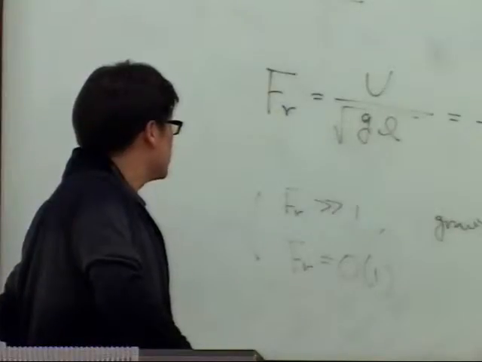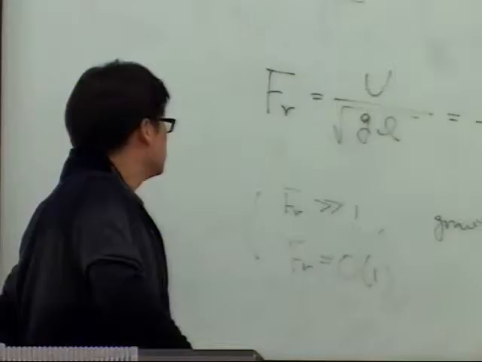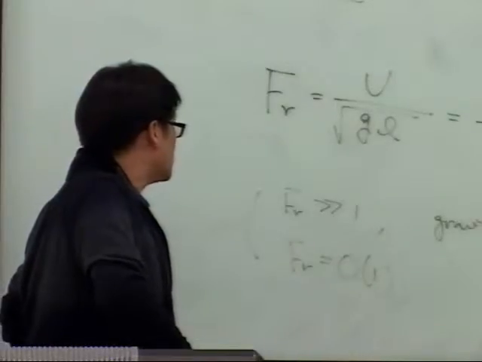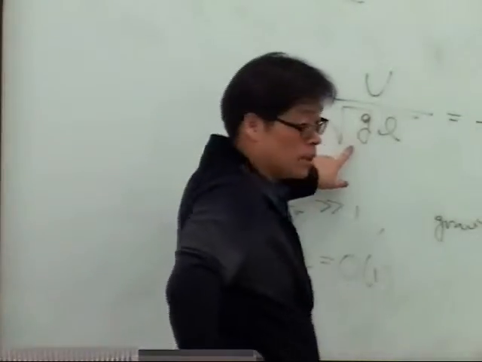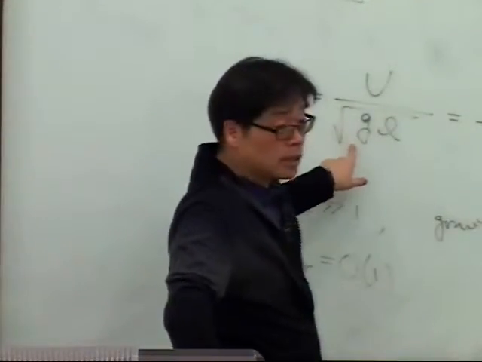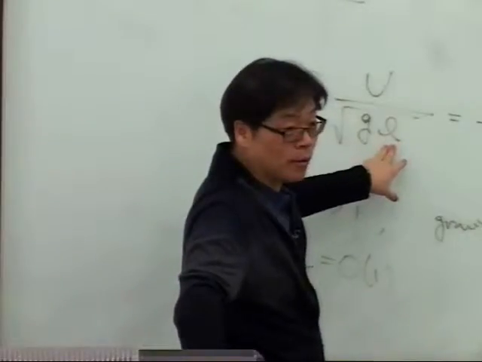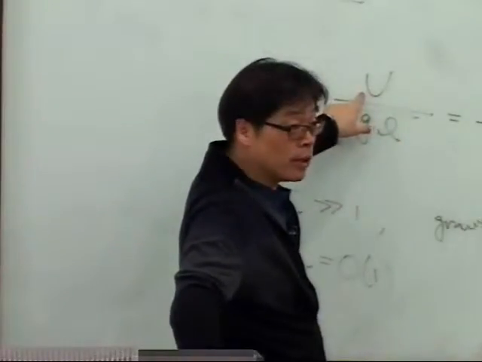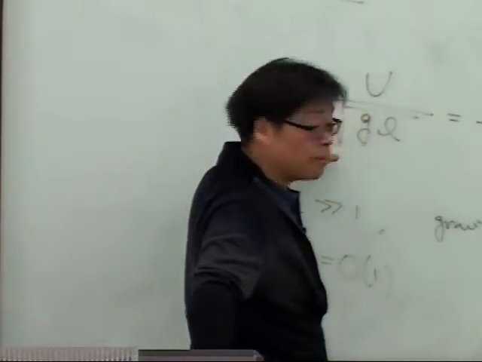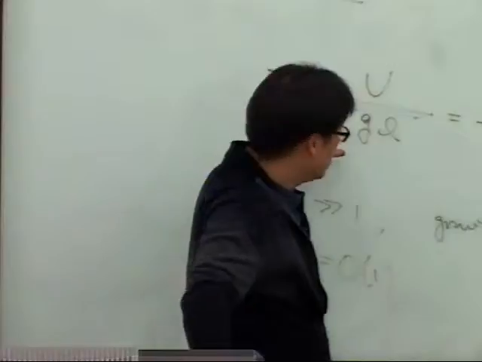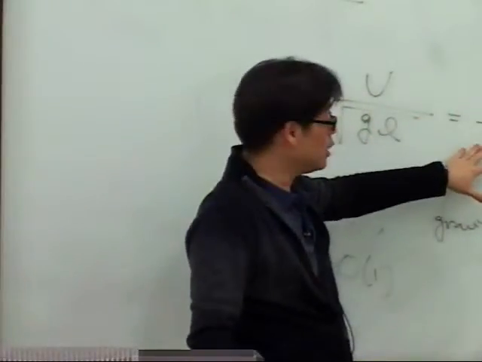So when does the Froude number become large? g is fixed. L, you have a body, so you already have a dimension. So when the body is moving very fast, the Froude number increases, and as we said, this is the ratio between inertial force and gravitational force.